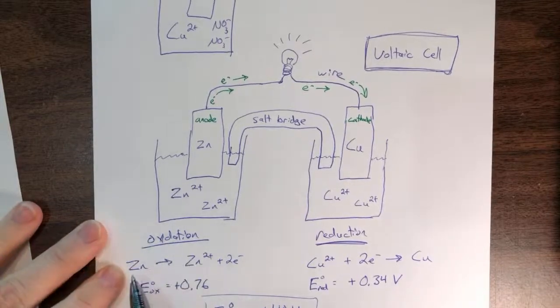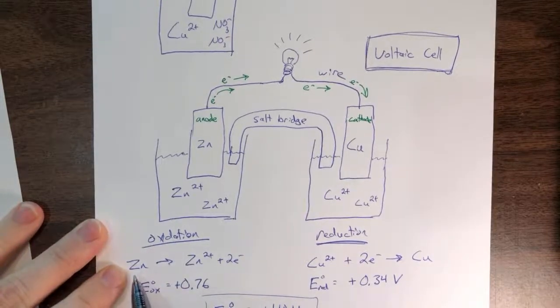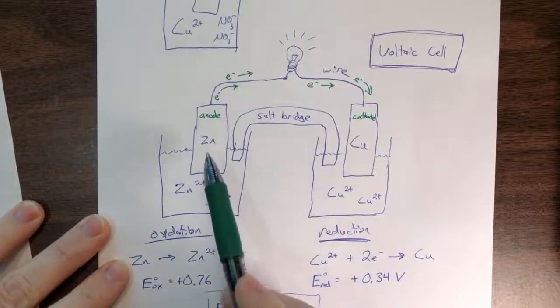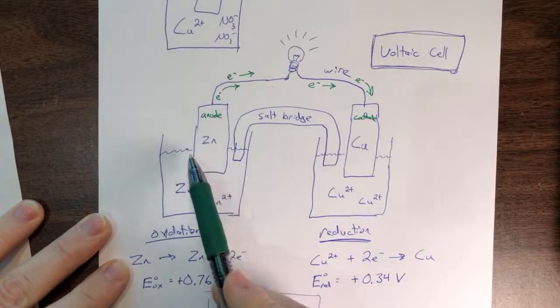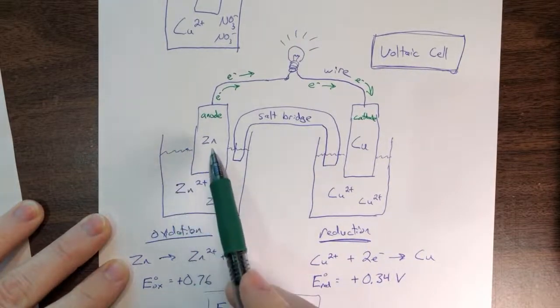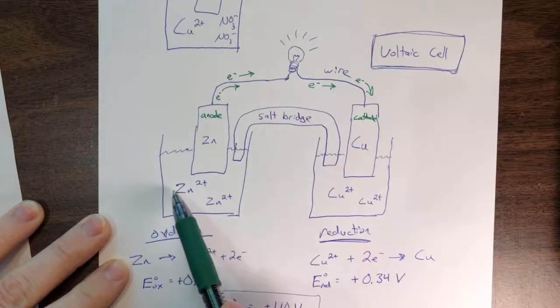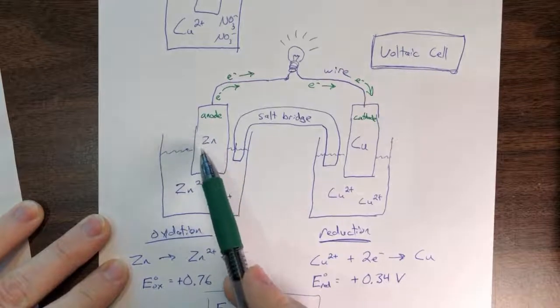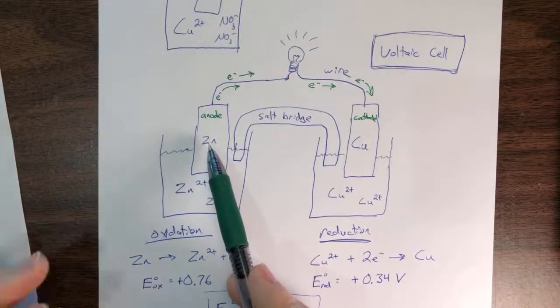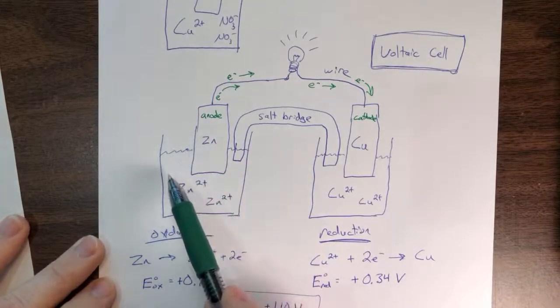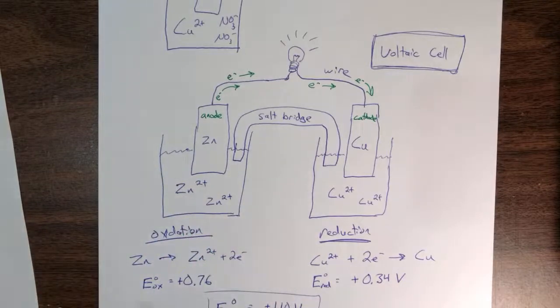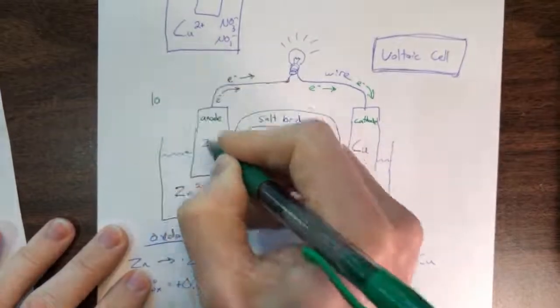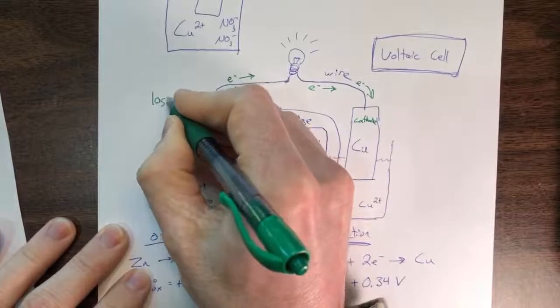When oxidation occurs, when this zinc is oxidized, what happens? The zinc metal turns into zinc ions. And when the zinc metal turns into zinc ions, this electrode is losing mass. It's literally losing zinc atoms because they're going into the solution.